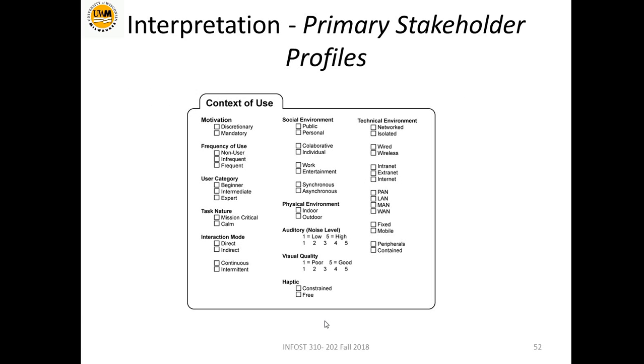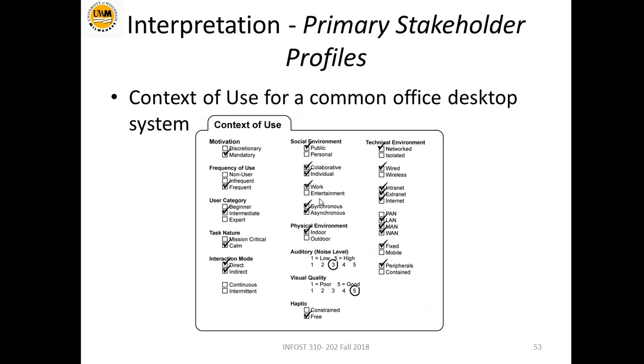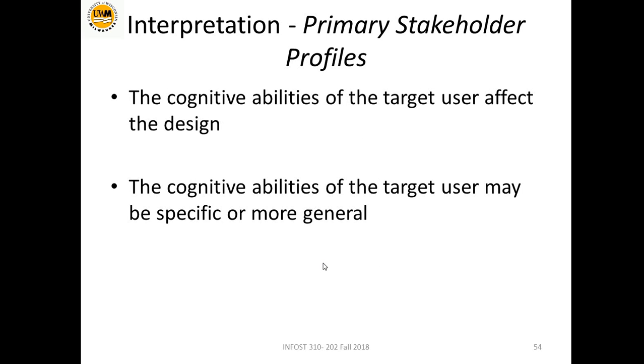We can get those profiles in terms of the context of use. For example, we can ask about motivation, frequency, user categories, task nature, interaction mode, social environment, technical environment, and so on. We can fill them up and deduce information from them.